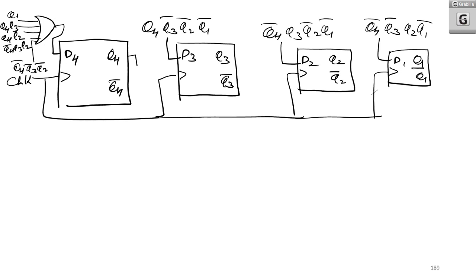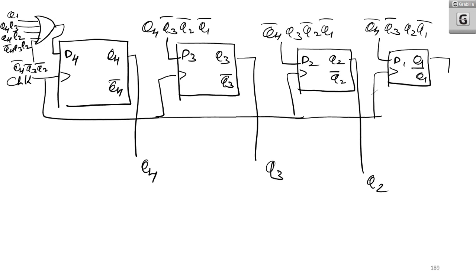Here we can take Q4 out, Q3 out, Q2 out, and Q1 out. So this is how you can avoid the lockout condition in this circuit, in the ring counter.